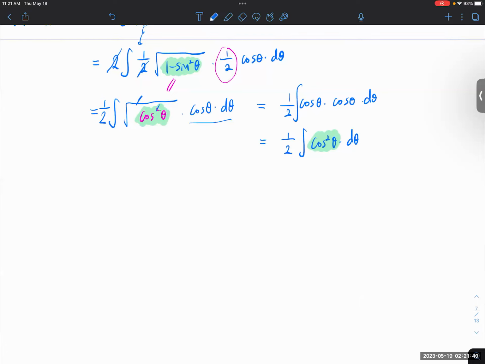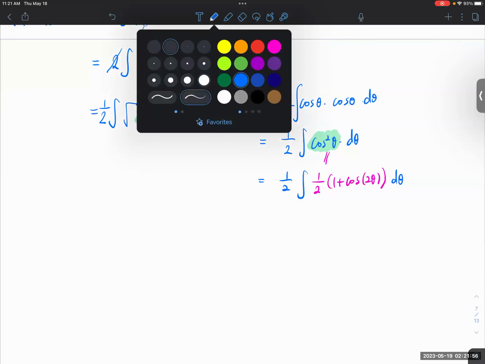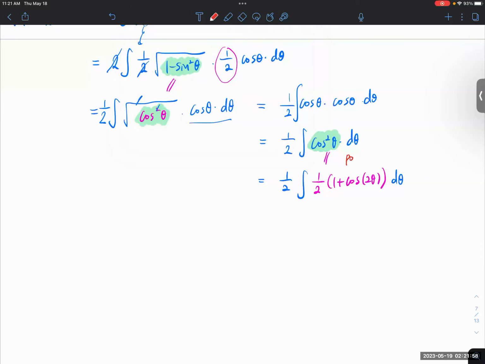So here, I'm going to say 1/2. This is the same as the power reducing identity, with 2 theta, and we have a d theta. Are we okay?